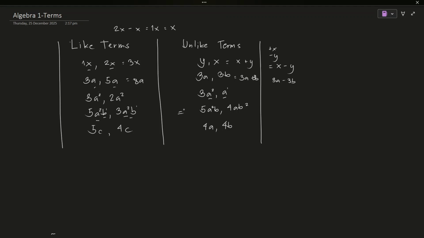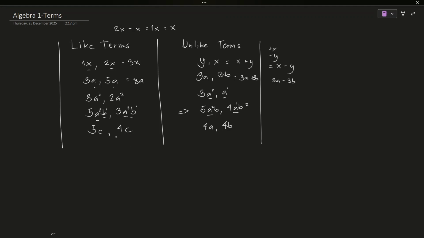If you look at here, we have 5a squared b and 4ab squared. So although they both have the same letters present, still they vary in their exponents. So for a, the exponent is 2. However, here, the exponent is 1. So in that way, they are considered as unlike terms.